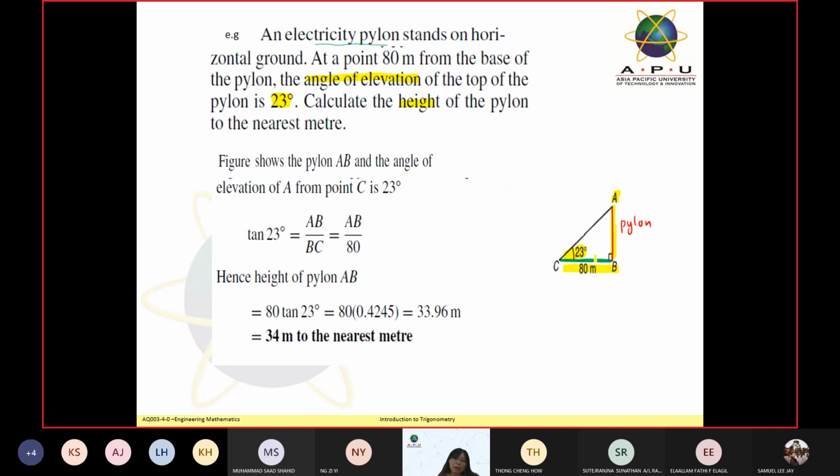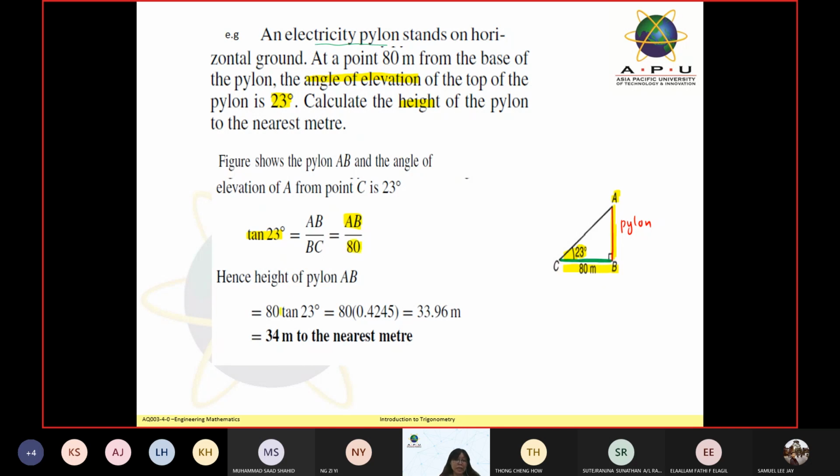For this one, we can solve using trigonometry. Because we involve a right angle of 90 degrees, and based on the angle of 23, we know that tangent 23 equals the height of the pylon AB divided by the base, the distance from the base, which is 80.